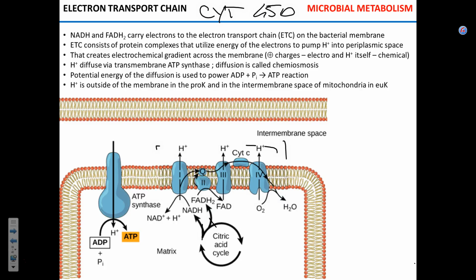As electrons move through the electron transport chain, the energy that they give away at each step is used by those same proteins to pump hydrogen ions across the membrane into the intermembrane space. In bacteria though, well, we'll get to the bacteria.